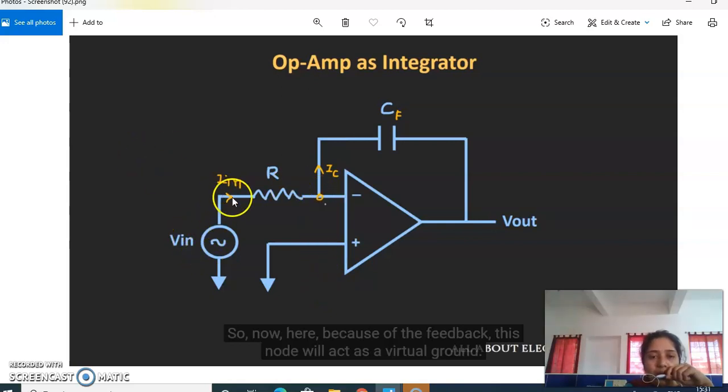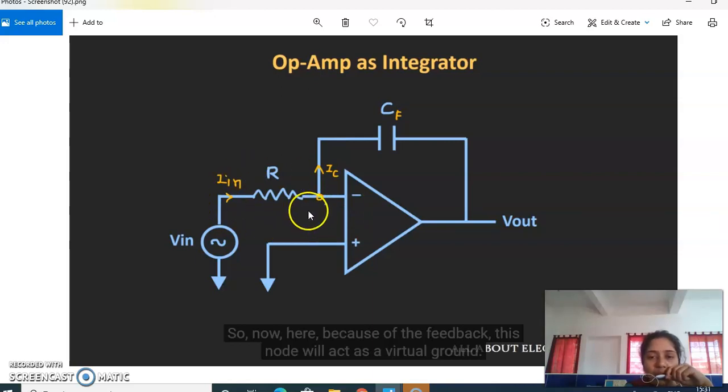Let us consider the current generated from the source Vin, indicated by In. How can we write the In expression? In equals Vin by R. We already know that the op-amp terminal should not draw any current for the ideal op-amp.